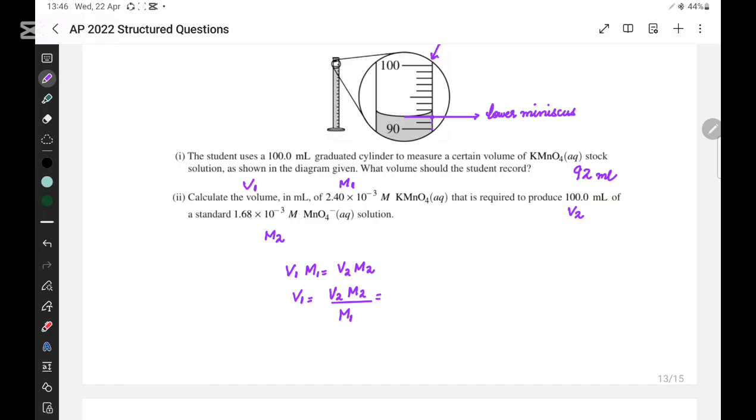V2 is 100 milliliter, and we keep the same unit, milliliter, times M2 molarity, which is 1.68 times 10 to the power minus 3, and M1 is 2.40 times 10 to the power minus 3, and the answer comes out to be 70 milliliter.